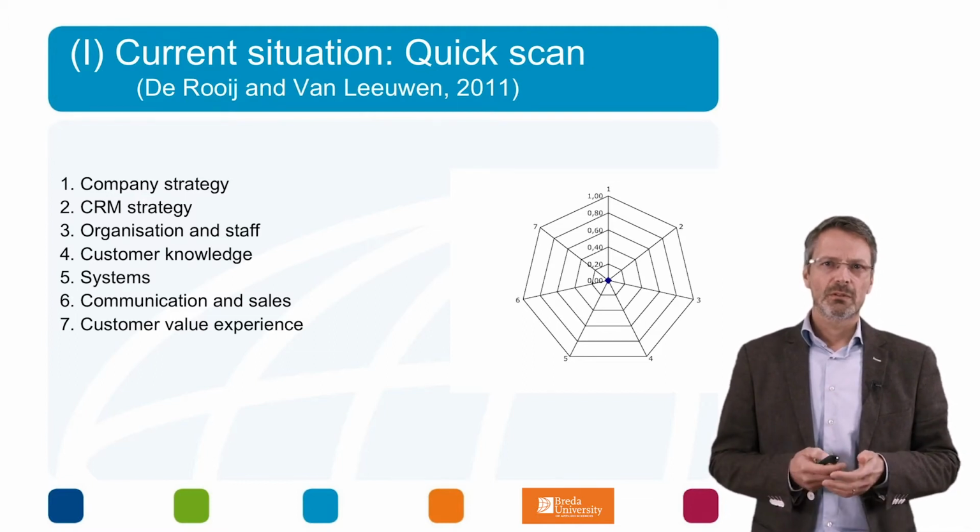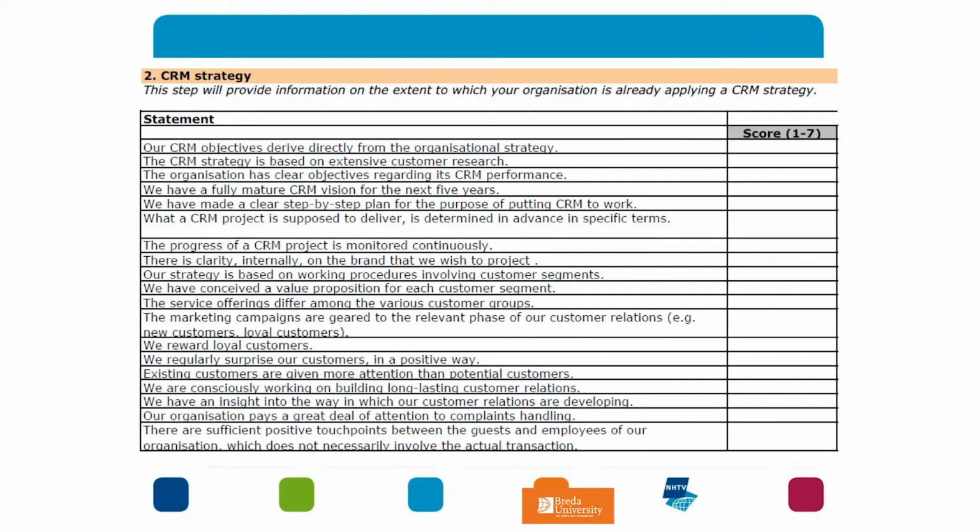I have an example, and this is about the strategy. So there is a list of questions. When organizations answer this whole list of questions, they will get an overview where they are now. And it's also an interesting point for discussion between staff members, because everyone will have or could have different ideas about the position where the organization is now.